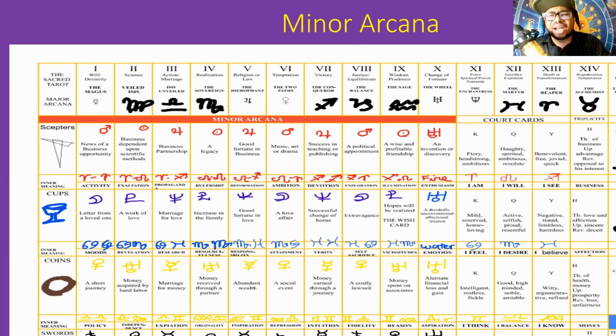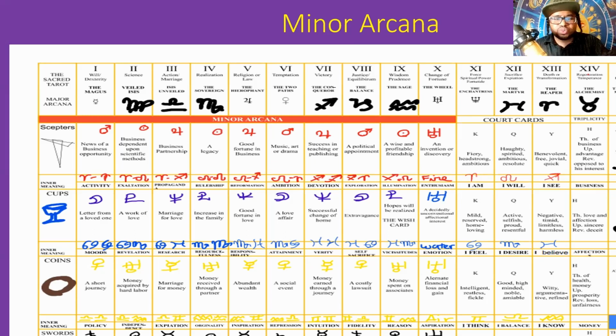So each number 1 is going to be reflective of some type of message. The type of message, the type of communication that is reflective of, will depend on what the suit is that you are looking at. And so it is with each one of these that we see.